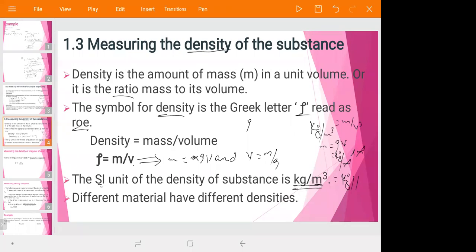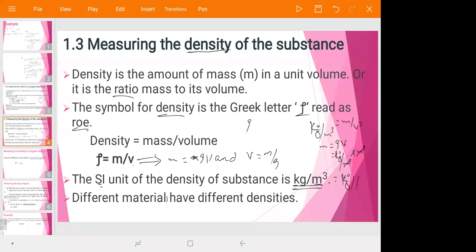You can read this from your text. Different materials have different densities. For example, the density of aluminum is different from the density of magnesium, and the density of magnesium is different from the density of iron, etc. They each have their own density. For example, the density of water is 1,000 kilogram per meter cube.